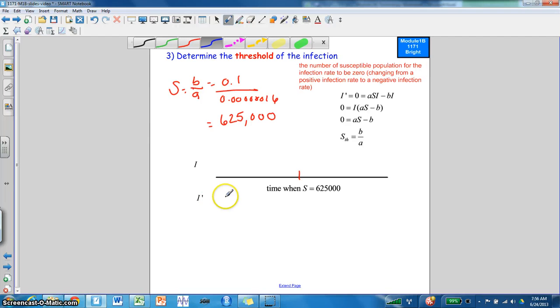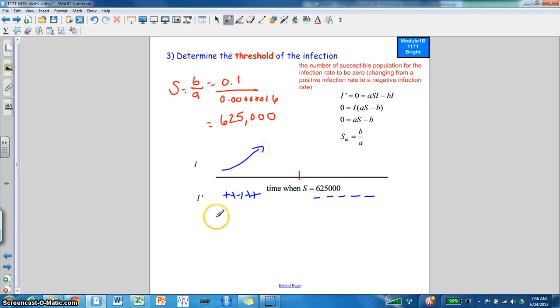What happens is I prime is initially positive, so it's increasing. And then after this time, whenever that is, it starts to decrease. So the function starts increasing this way, hits this point, and levels out. I prime is 0 here, so that's a flat line, and then after this point it starts decreasing, just like we talked about at the very beginning.